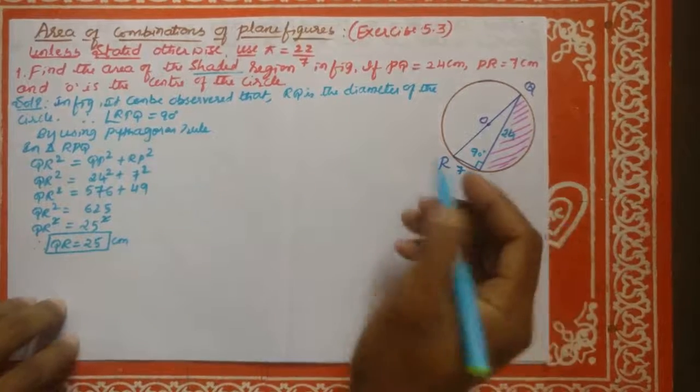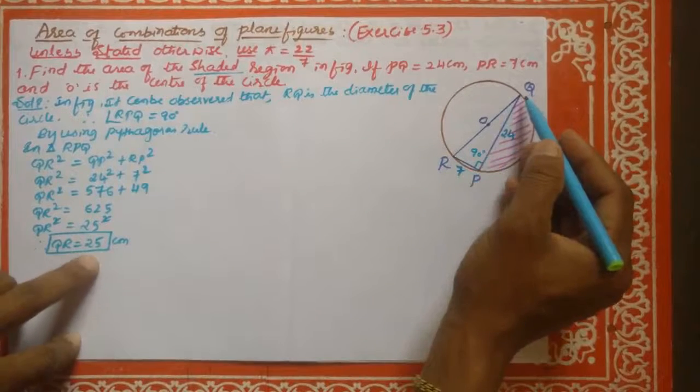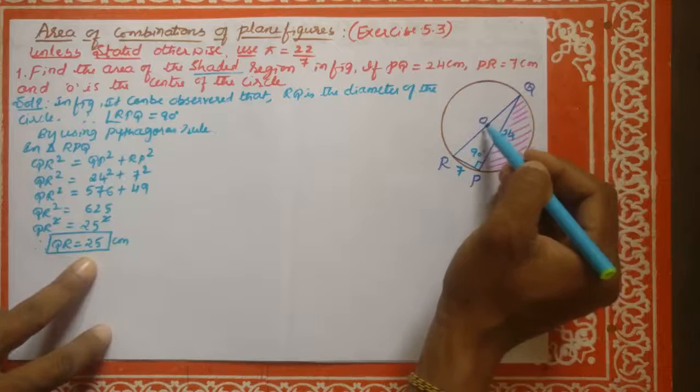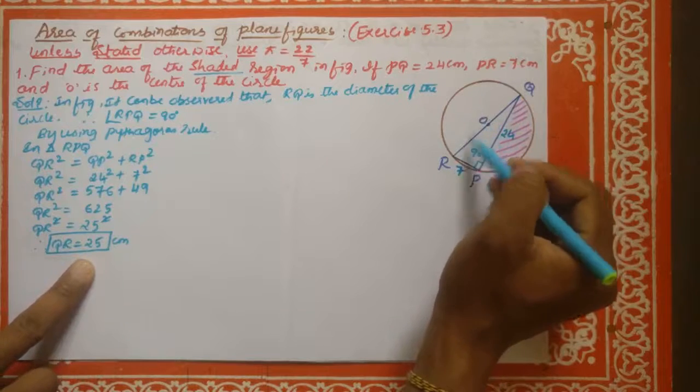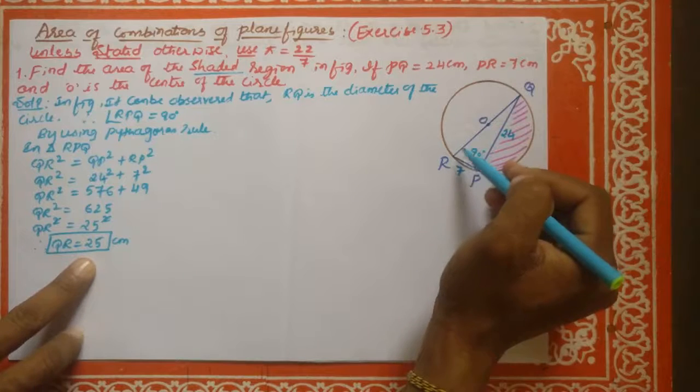This is the diameter of the circle. Since RQ is equal to 25, OQ is a radius and OR is a radius. Therefore OQ is equal to OR, which is half of the diameter.